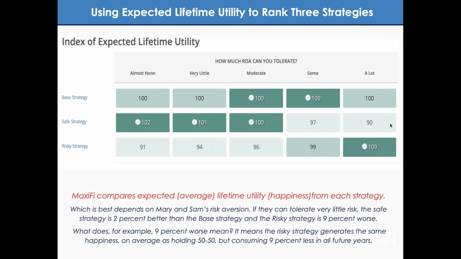Do I want to hold a 50-50 portfolio if I'm moderately risk averse, or do I want to hold an 80-20? Well, I actually want to do the base strategy. It beats the risky strategy. So this is a way for you to use MaxiFi to help guide you in deciding what portfolio to hold.